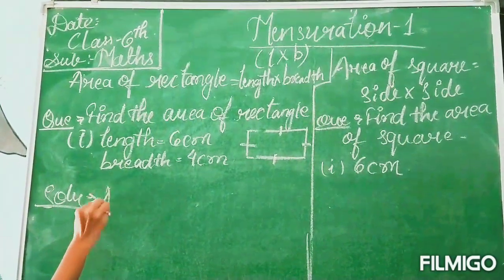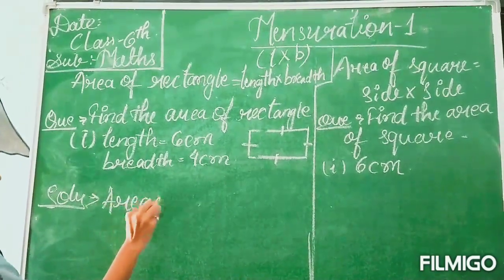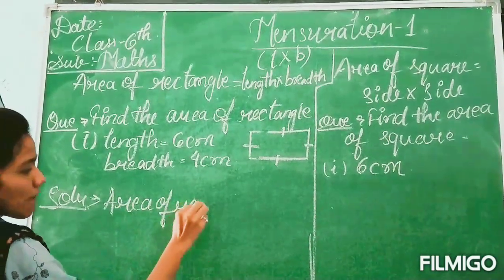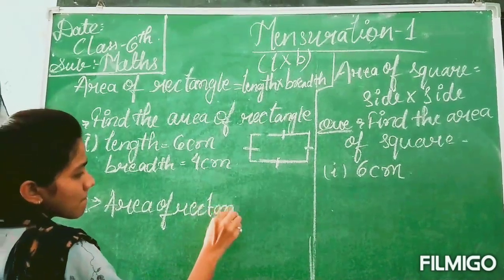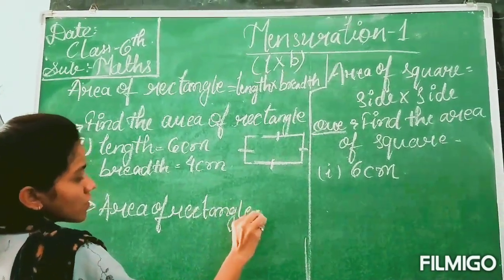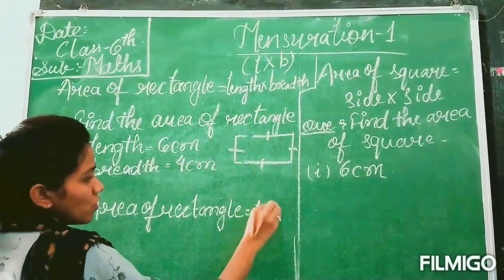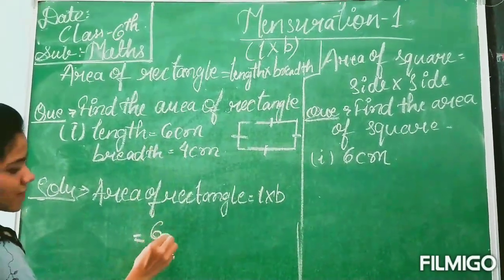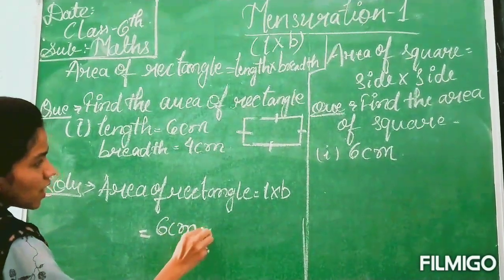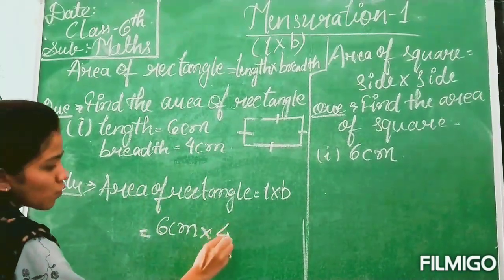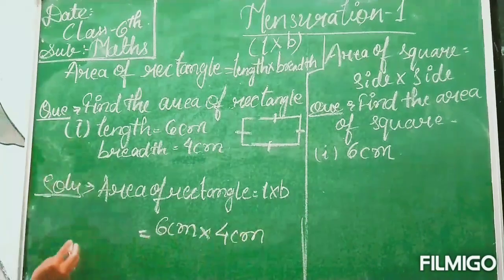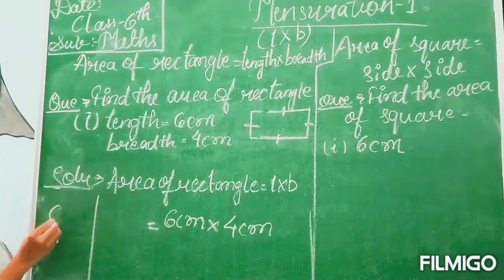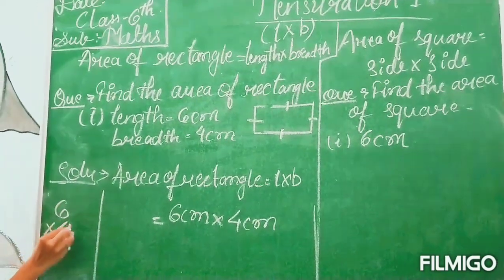Take the formula area of rectangle. See on the top, length into breadth. What is length? 6 centimeter. And what is breadth? 4 centimeter. You can take the left side, 6 into 4.